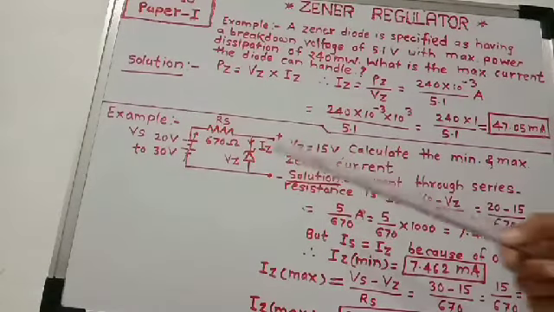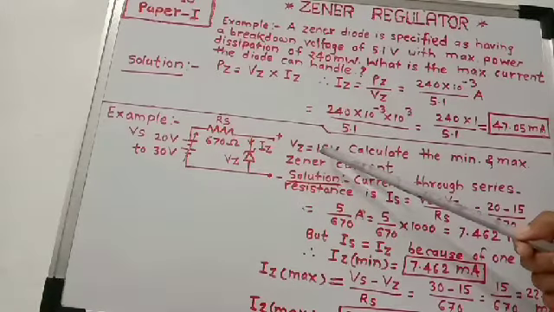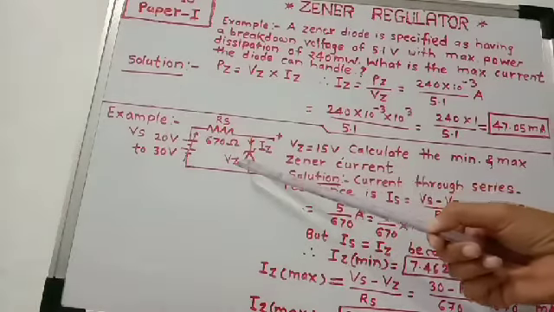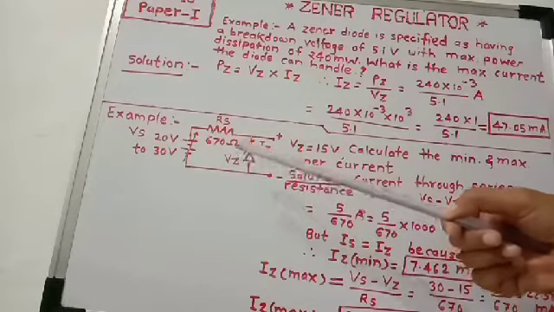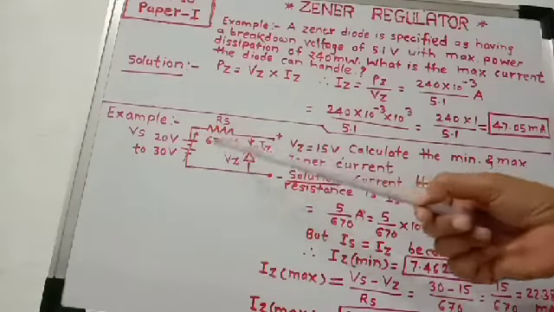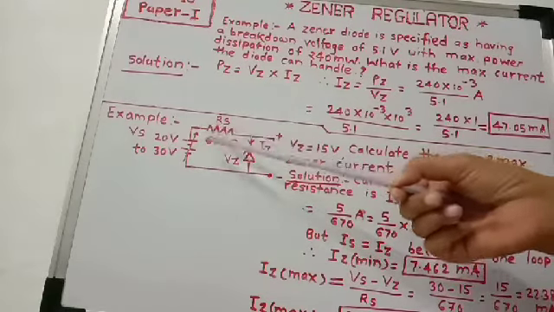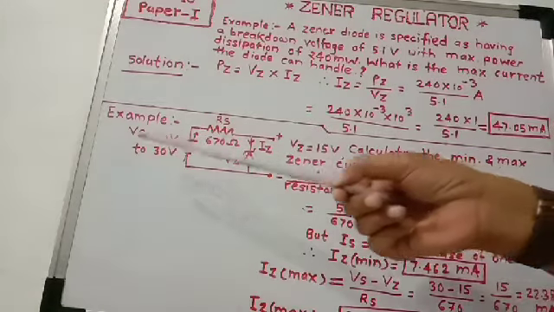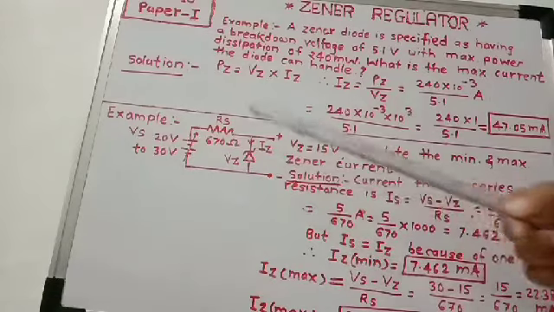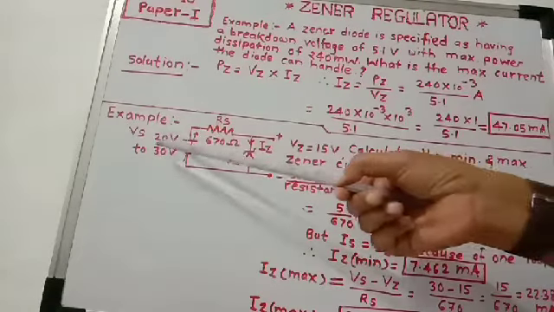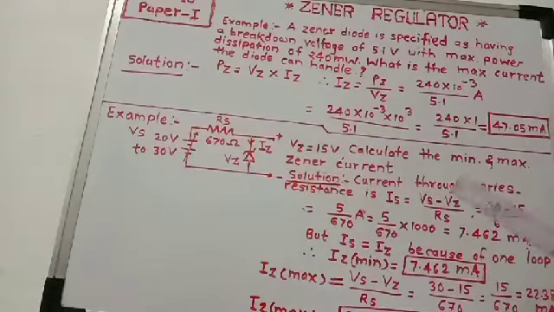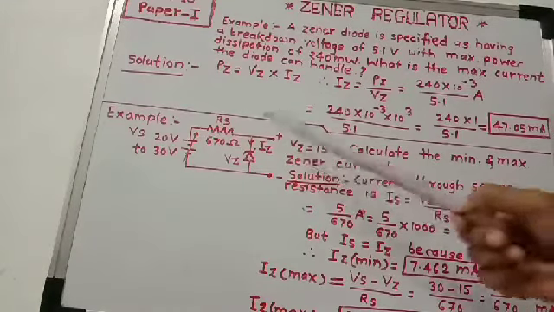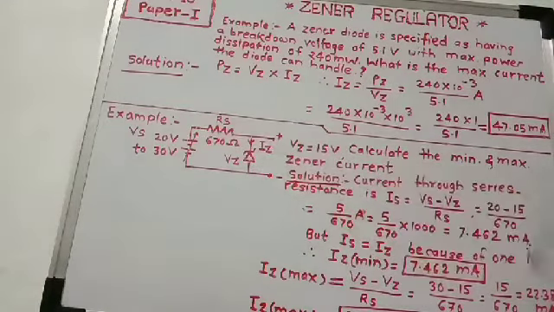Okay, now Zener breakdown voltage is 15 volt, so Vs minus Vz is equal to voltage across Rs. So voltage across Rs is equal to Vs minus Vz, that is 20 minus 15 volt. It is the voltage drop across Rs.